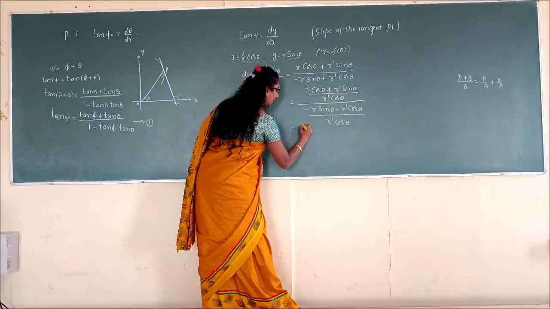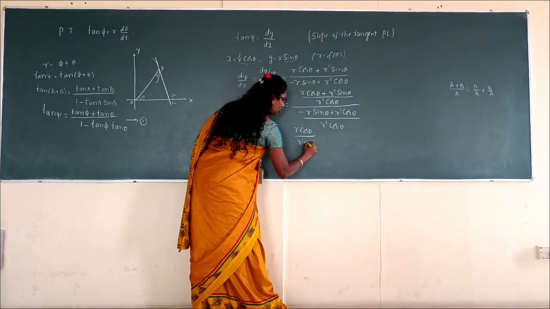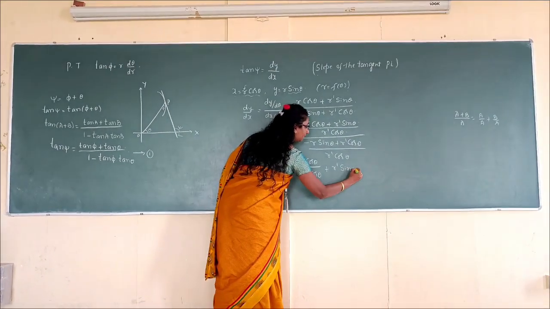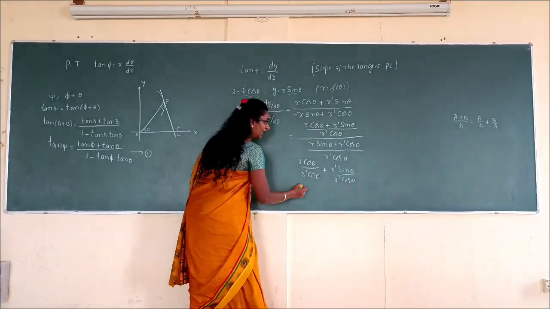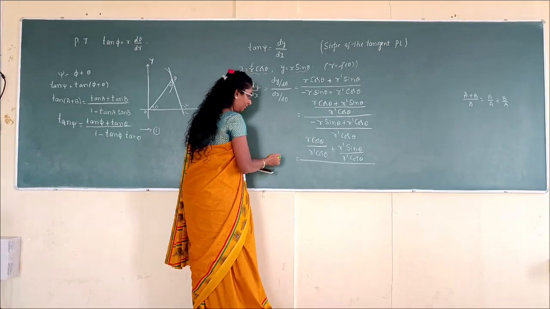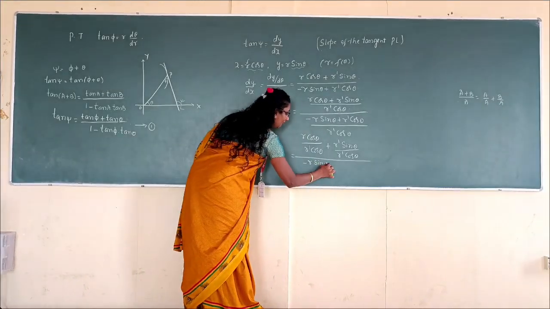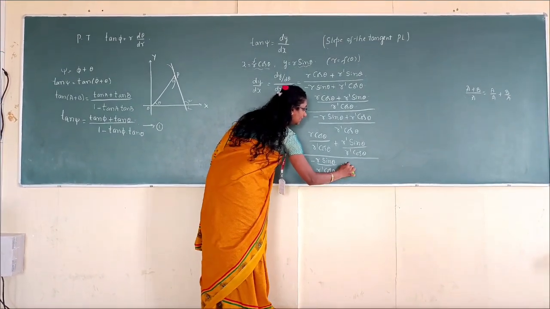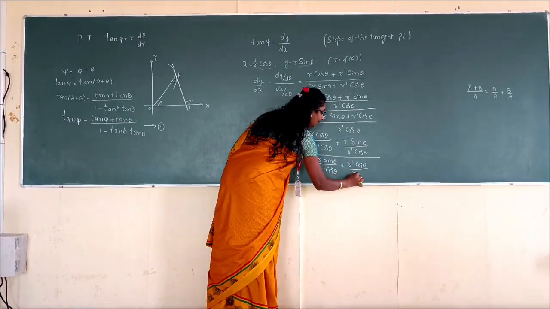Shall we write it as r into cos theta divided by r dash cos theta plus r dash sin theta divided by r dash cos theta. The same thing we adopt for the denominator also: minus r sin theta divided by r dash cos theta plus r dash cos theta divided by r dash cos theta.